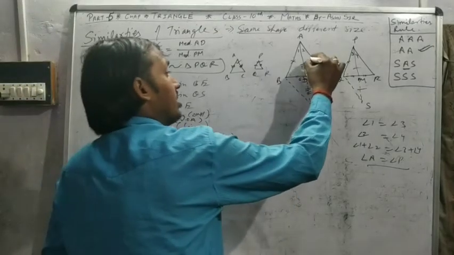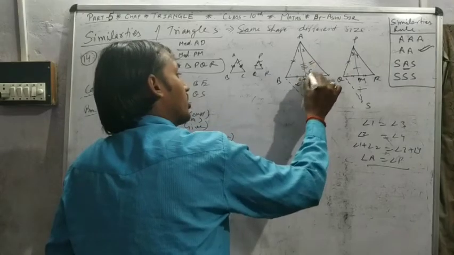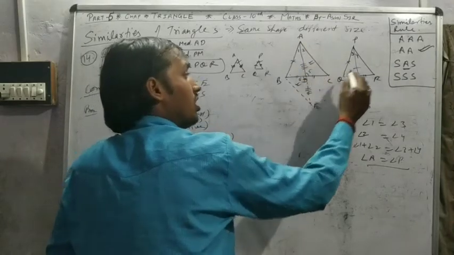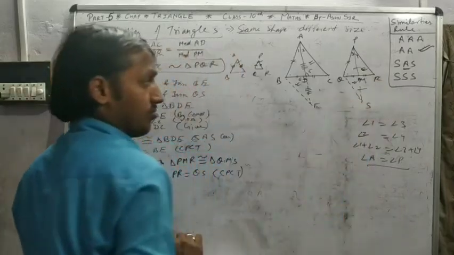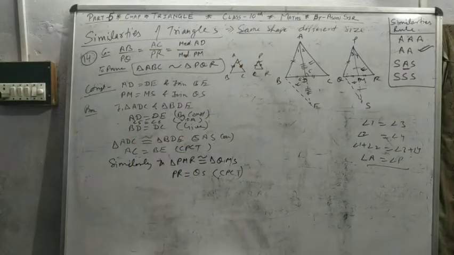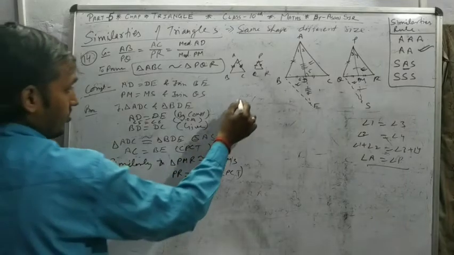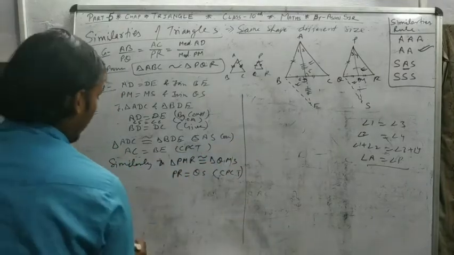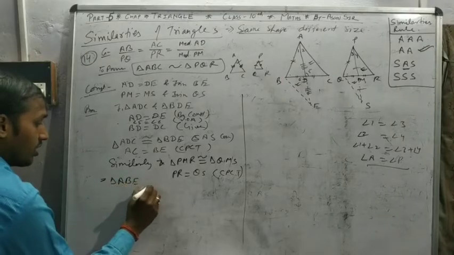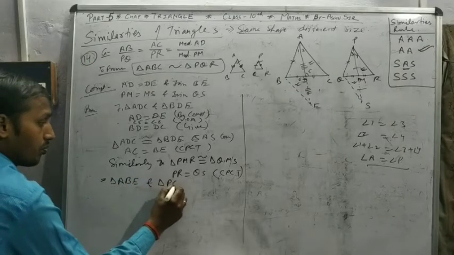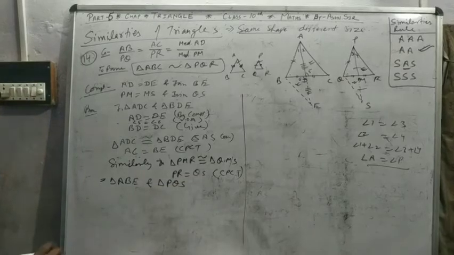Means when these two triangles are congruent, AC is equal to BE, and when these two are congruent, PR is equal to QS. Then we take the whole triangle ABE and triangle PQS, and these two are similar.